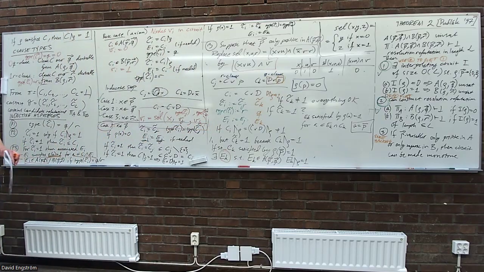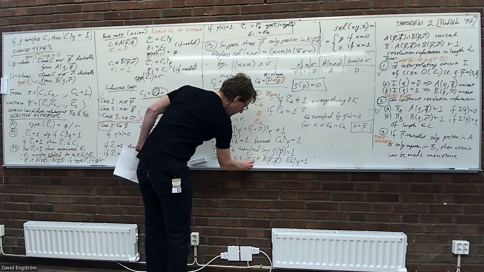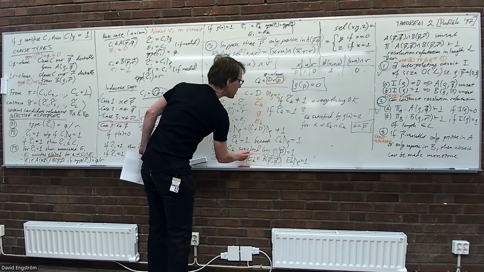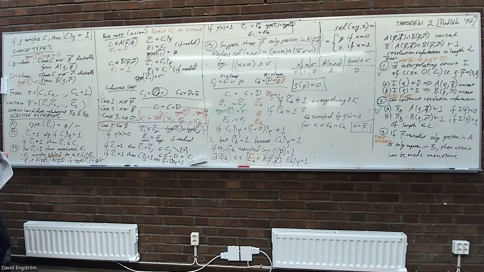And now I claim we're done. Because I found an axiom in A that contains P negated. That's a little bit surprising, isn't it?